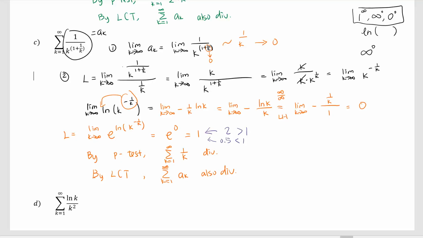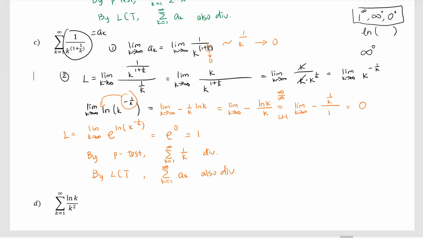For the root test and ratio test, we compare the limit with 1. If it's greater than 1, the series diverges. If the limit is less than 1, the series converges. But for other tests like the divergence test, we compare the limit with 0. If it's not 0, it diverges.